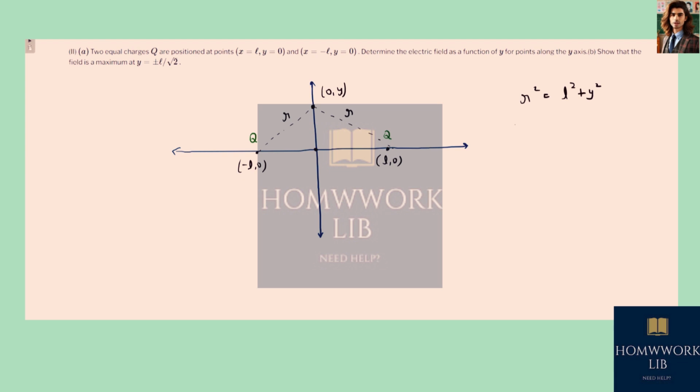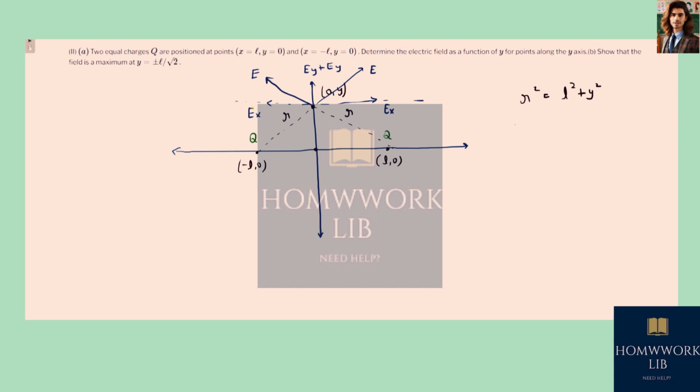This is the value of r square. Now let's talk about the direction. The direction due to one Q is going to be over here, and the direction due to the other Q is going to be over here. Let's call the value of the electric field E, and we make its components: the horizontal component Ex and the vertical component Ey. Likewise for the other charge.